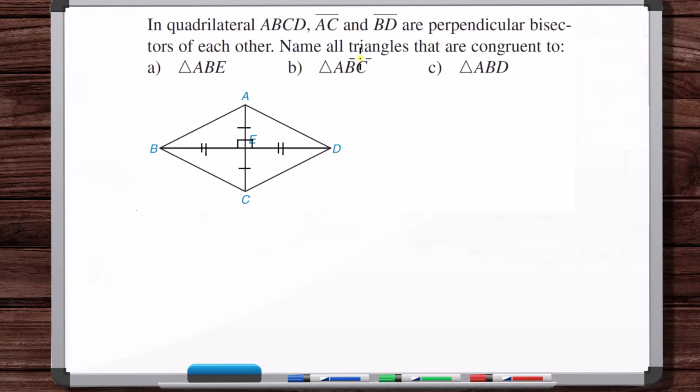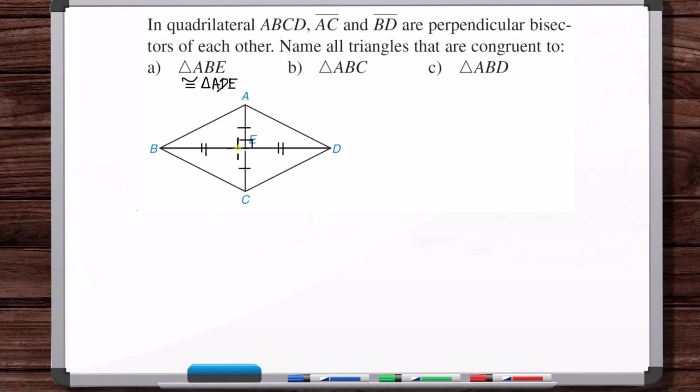Name all triangles that are congruent to triangle ABE, triangle ABC, and triangle ABD. We've got side, angle, side here. So triangle ABE is congruent to triangle ADE.